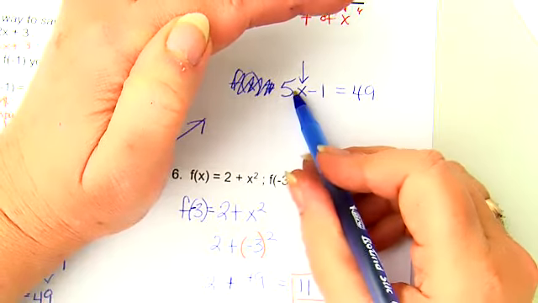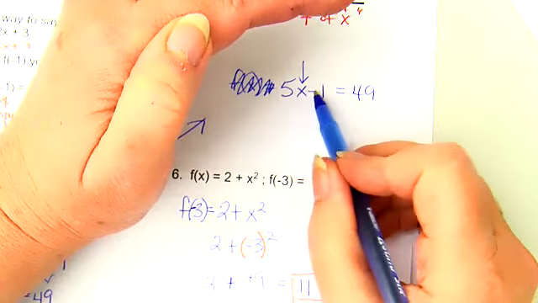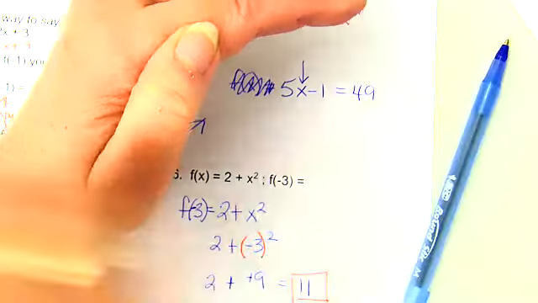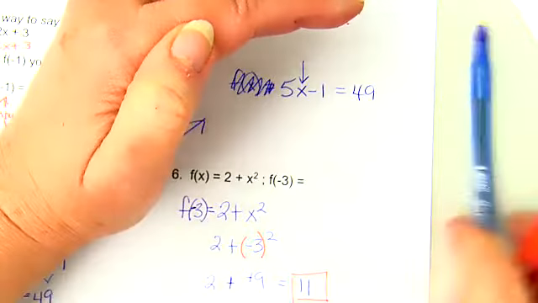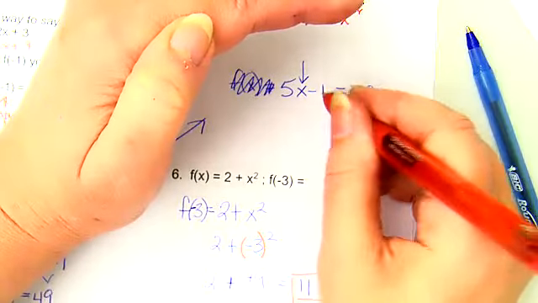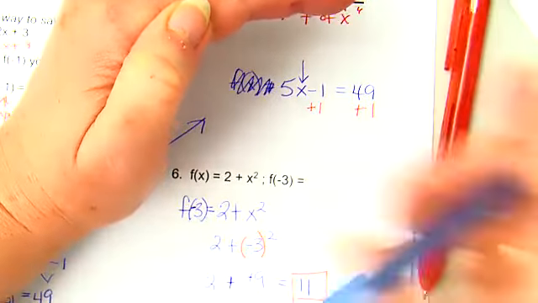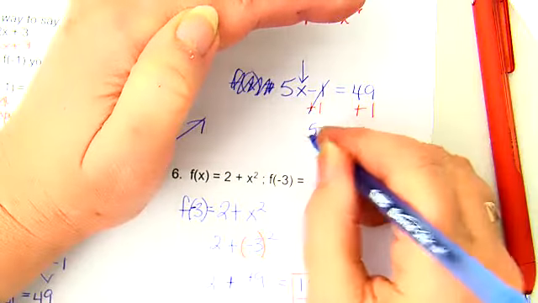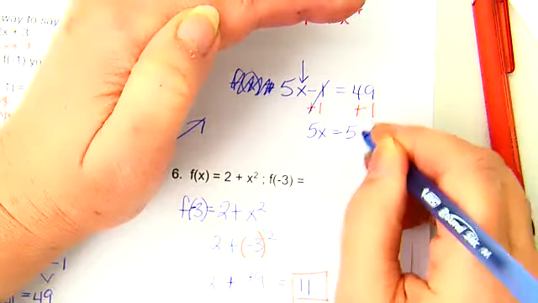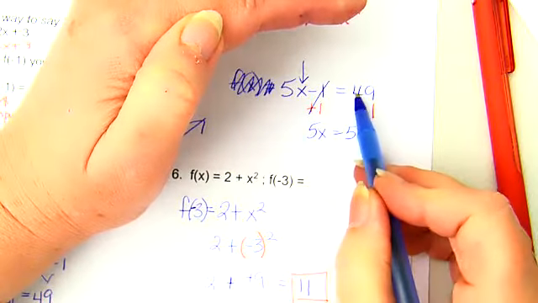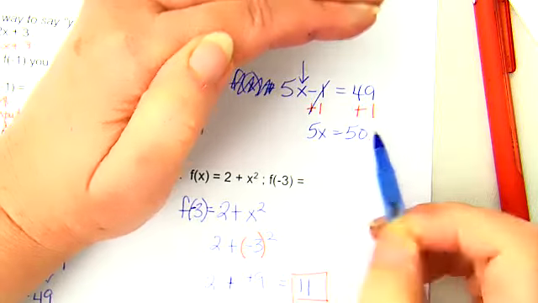If I need to find the x, I'm going to look at this and decide what to get rid of. I need to get rid of the 5 and the 1. You always start with the weakest operation, which in this case is that -1. So I would go +1, +1. I would still have the 5x over here. This would cancel out, and this 49 would become a 50.